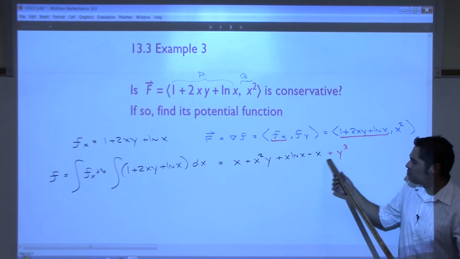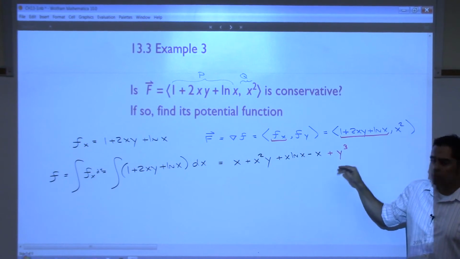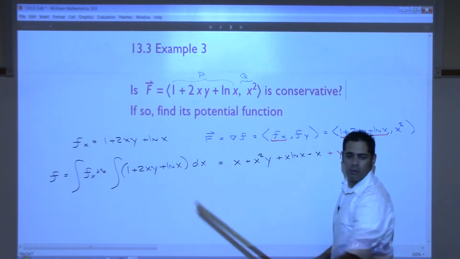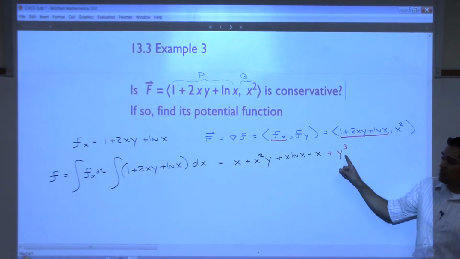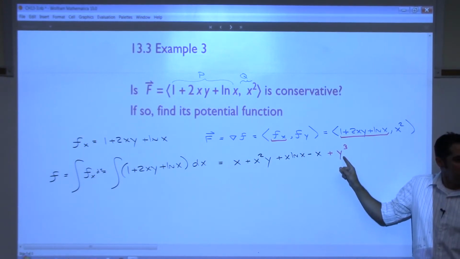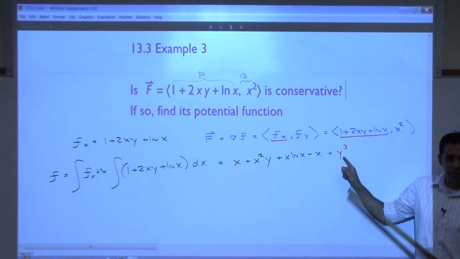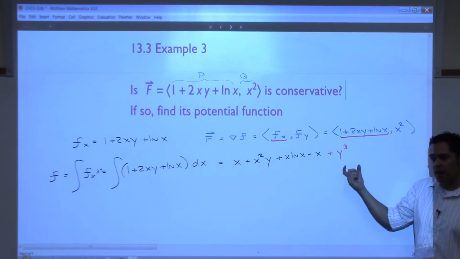If I asked you to differentiate this with respect to x, would you get this? Yes, because when you got to y cubed, the derivative would be 0 with respect to x. So you don't know if this back here is a constant or possibly something with y's. It could be a constant or a function of y.